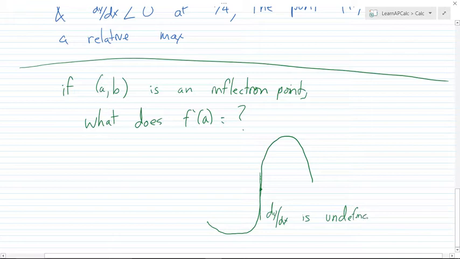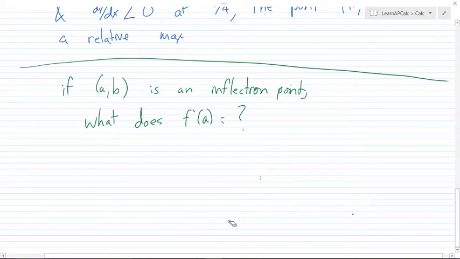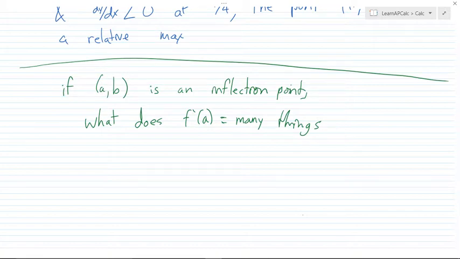This is an example of something being continuous but not differentiable. And so the answer to our question is many things. It can equal a lot of different things. There's no one slope for all points of inflection.